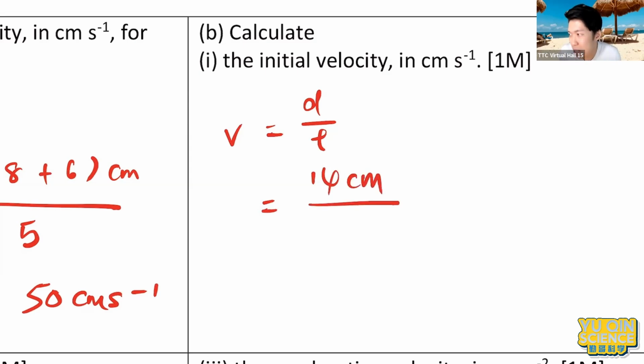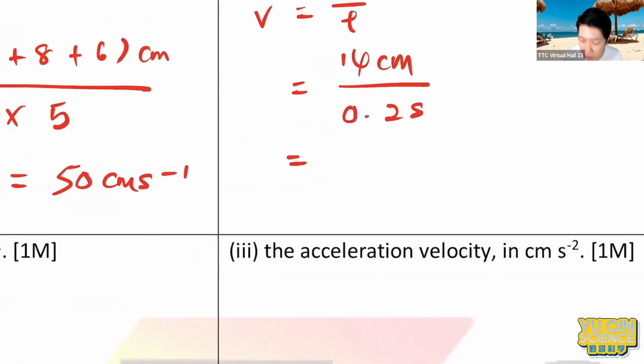It's 10 ticks for each strip, so it's always going to be 0.2 seconds. So what do we have? 70. Okay, nice, 70 cm s^-1.